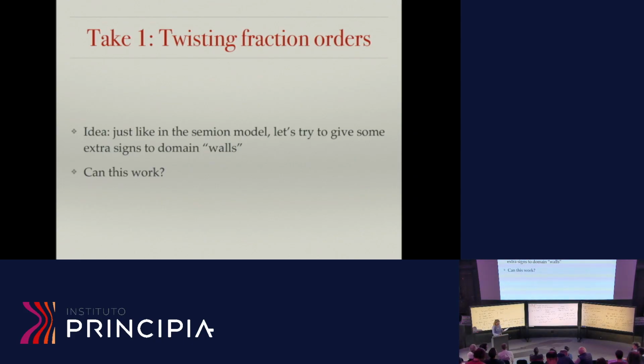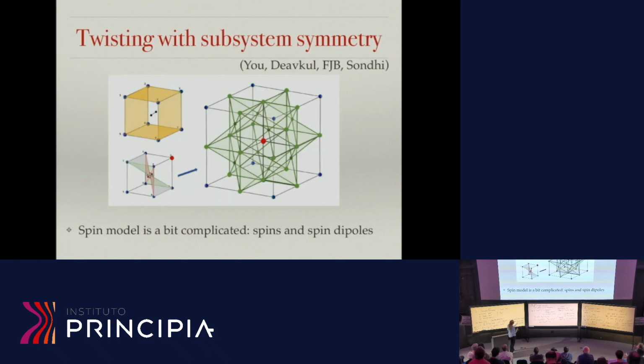So I'm just going to show you some pictures of how this works in a model which actually has subsystem symmetry along all three planes. This is a construction of a model that has subsystem symmetry, so the charge is conserved in the xz, the yz, and the xy planes. This is what we call a three-foliated order.